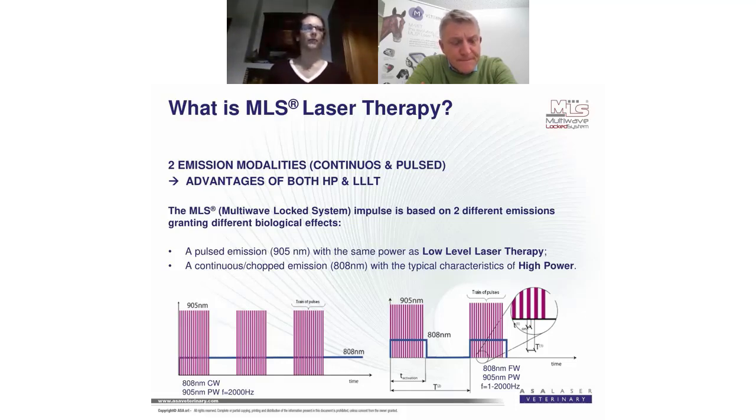But normally I prefer the point-to-point modality, because I'm sure there is no risk of damage, and I'm really sure what I'm doing in this point. So basically, to be sure how much energy you provide in that point. Yeah, exactly. I don't see any other further question.